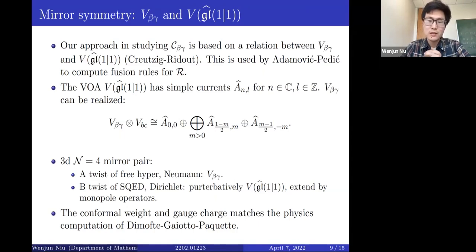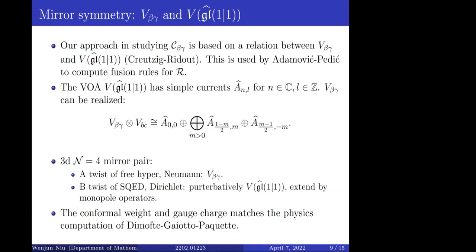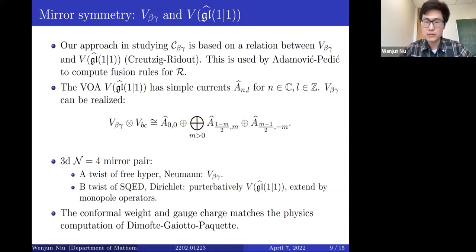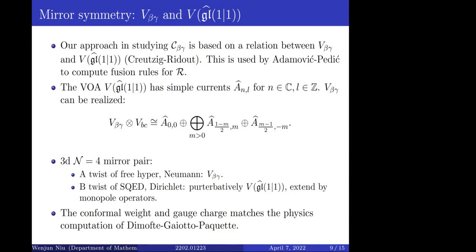The idea is that I want to understand whether beta gamma has a nice braided tensor structure, and it's hard to do it just as a beta gamma module, but the goal is to realize this category as something that lives over GL(1|1), because GL(1|1) has a really good category. So you have more control over it, right? Yes.